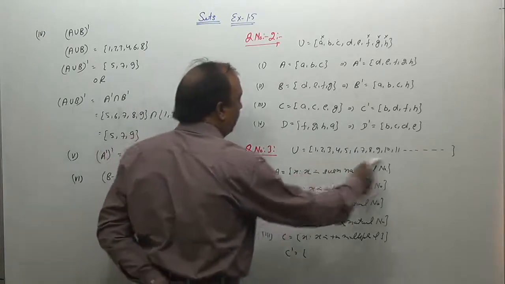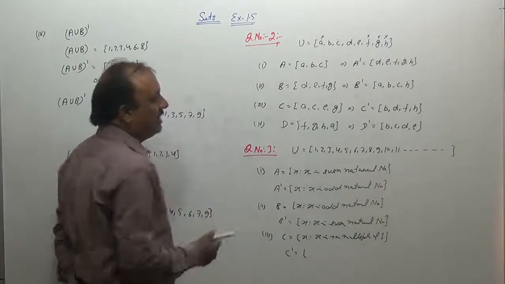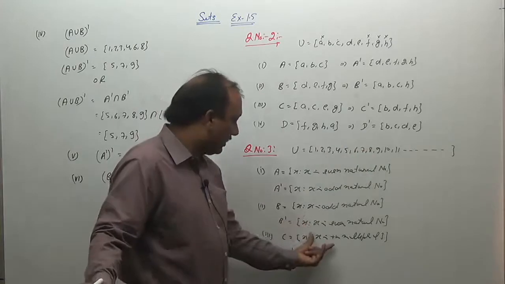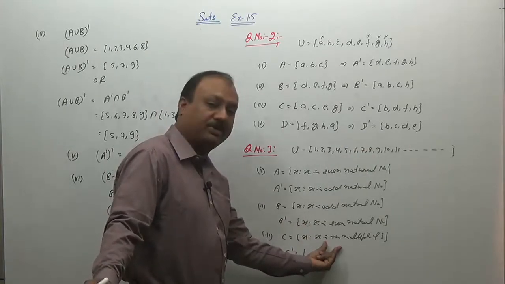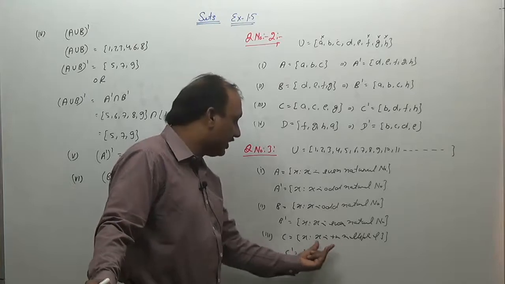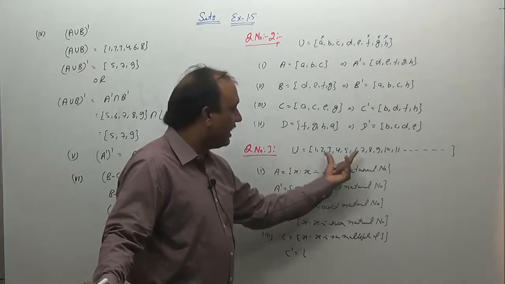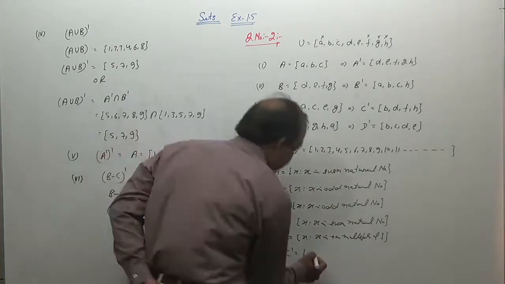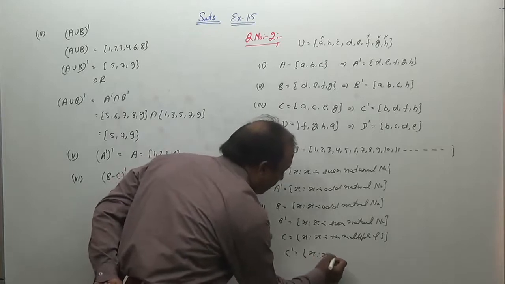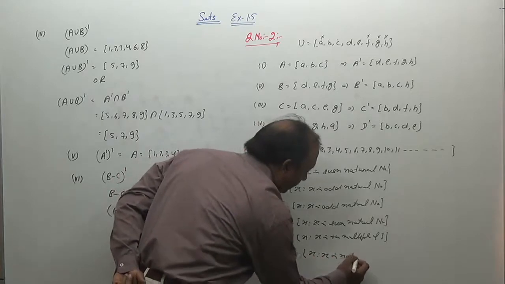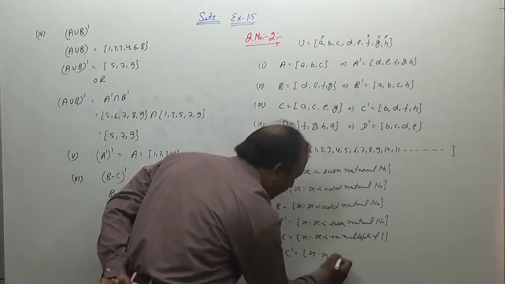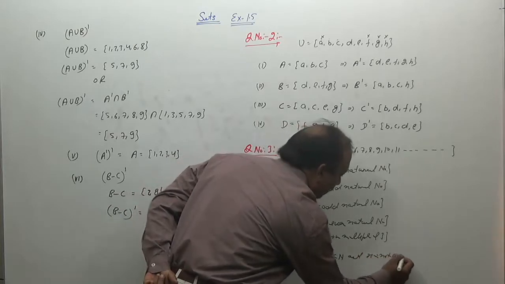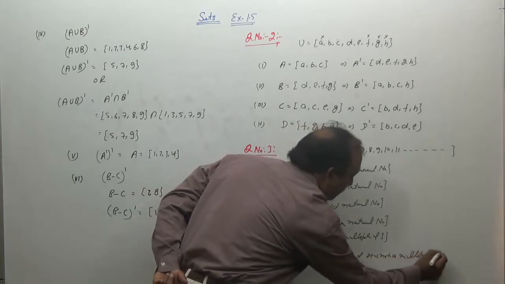So in the set of natural numbers, there are some multiples of 3: 3, 6, 9, 12, 15, 18 and so on. So this one set contains all multiples of 3 which are natural numbers. Its complement means, in this set, everything except the multiples of 3, the conjugate of the set C. So that is X such that X is a natural number and X is not a multiple of 3.